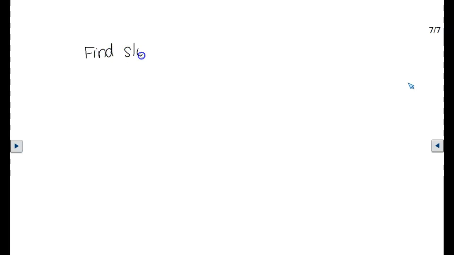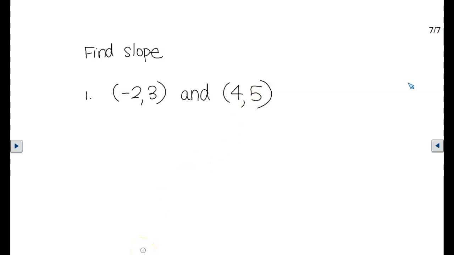On all of these, we're going to find slope. All right, let's say I give you negative 2, 3 and 4, 5 as your ordered pairs.